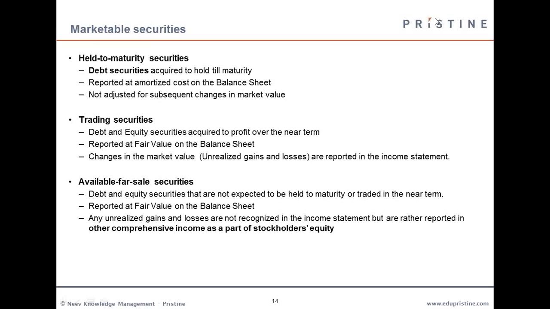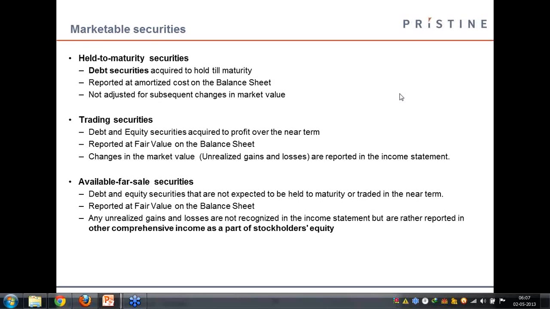The held to maturity securities are debt securities which are required to be held till maturity. Say you buy a 1-year bond and you are ready to hold it till the 1-year maturity, then that comes under held to maturity securities. Such securities are reported at amortized cost on the balance sheet. In this case, there are no adjustments for the change in market value.